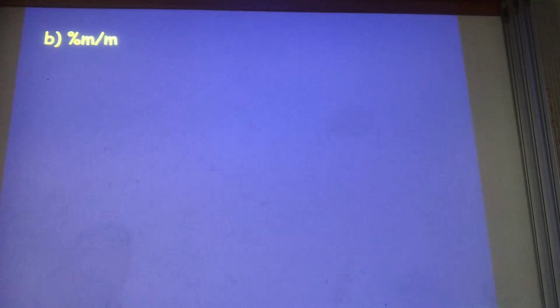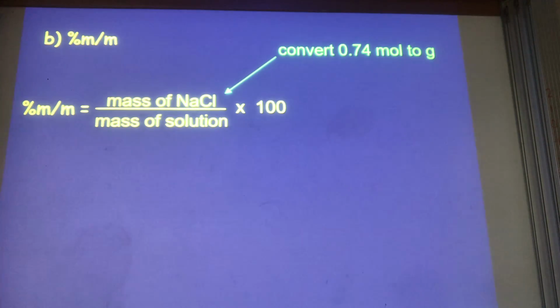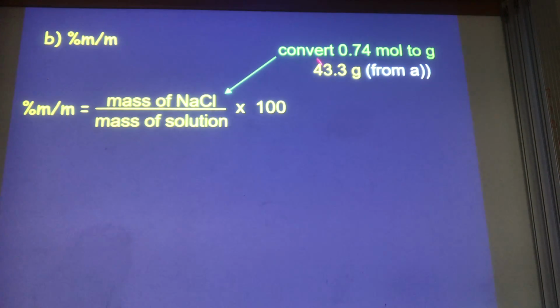Second one, percent by mass. Now we've already done some of the work for that. Well, we know we've got to have mass of sodium chloride divided by mass of solution times 100 because it's a percentage. Now we know our mass of sodium chloride, we've just worked that out, that's 0.74 of a mole. We already know that that's 43.3 from the previous one.